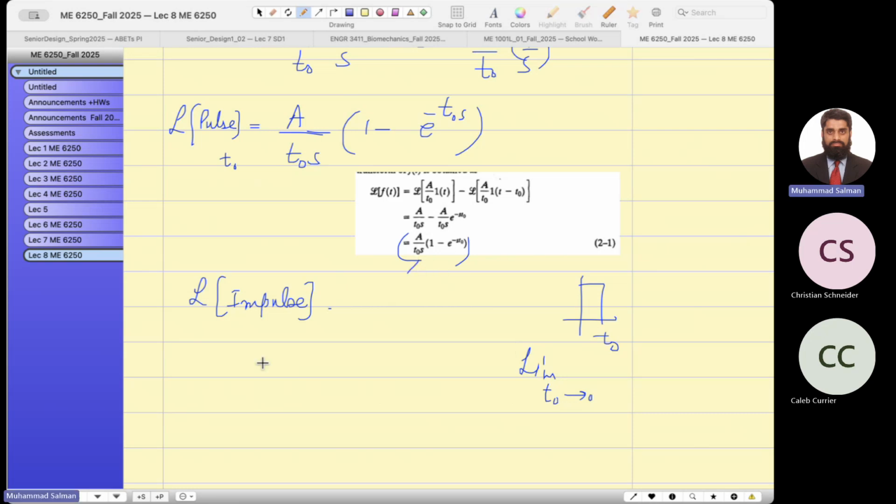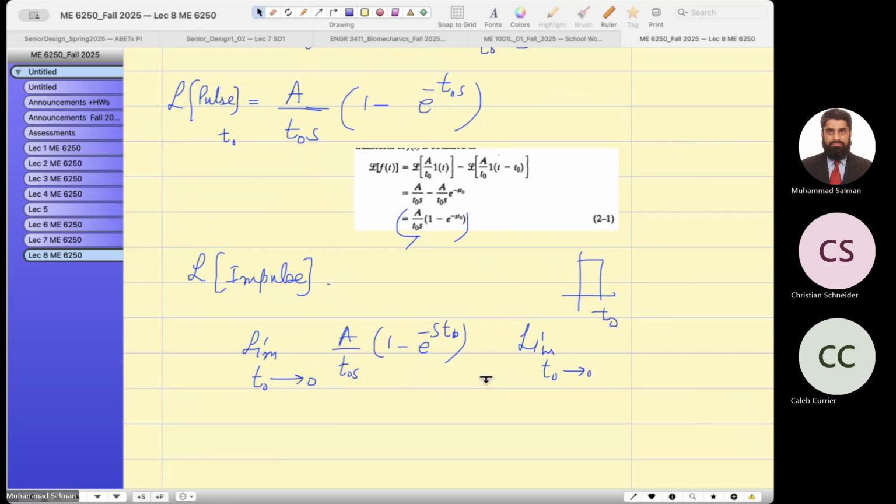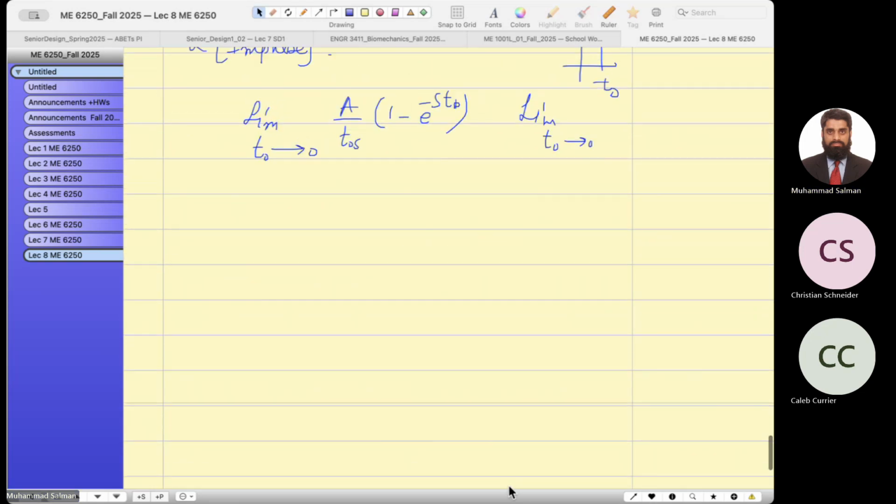So let's apply the limit as t naught goes to 0 of a over t naught s times 1 minus e to the negative s t naught. If I plug in, a times 1 minus e to the 0 over 0, so it is 0 over 0.